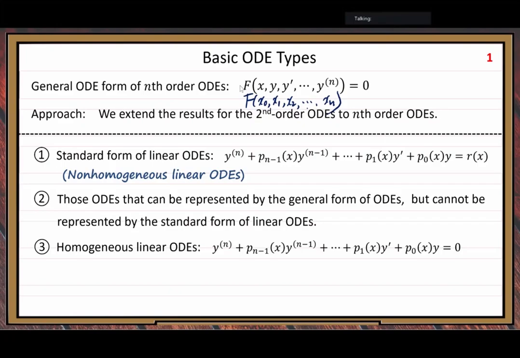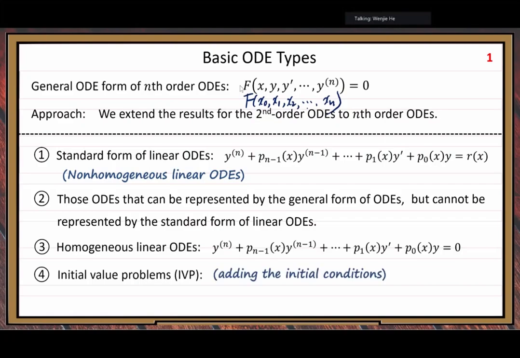All right. Type 4, initial value problems. Adding initial conditions. We need sufficient initial conditions in order to get a unique solution, because our goal in application problems is to find a unique solution.